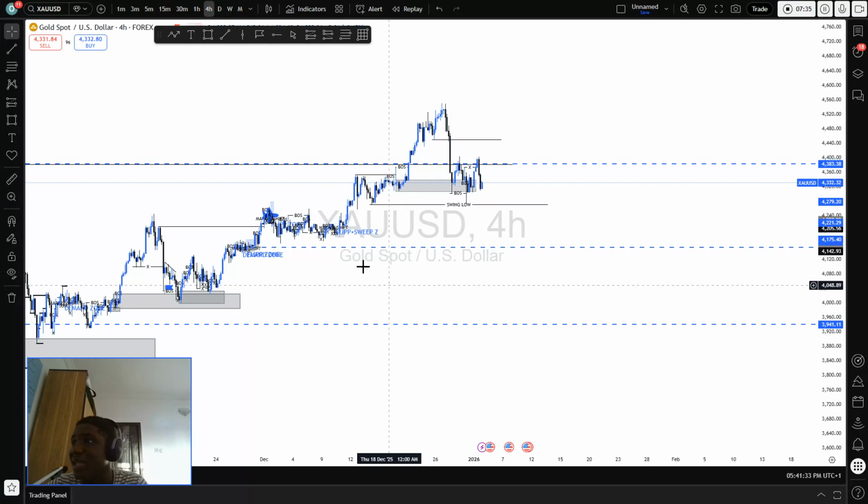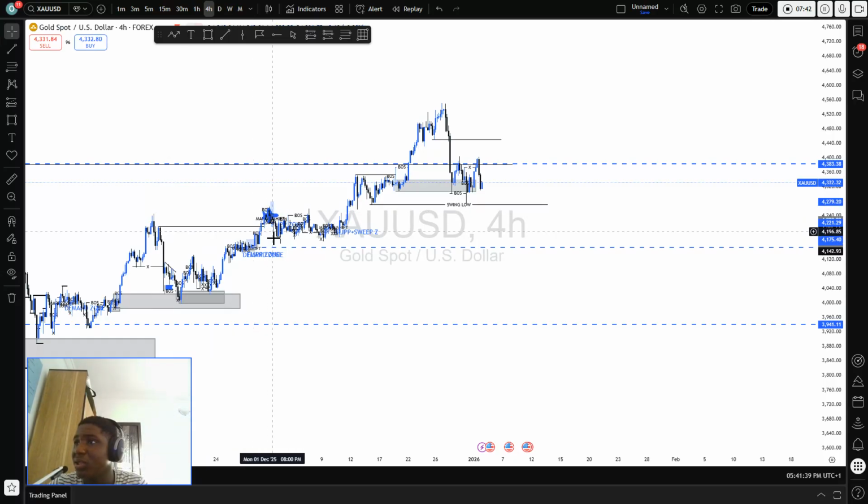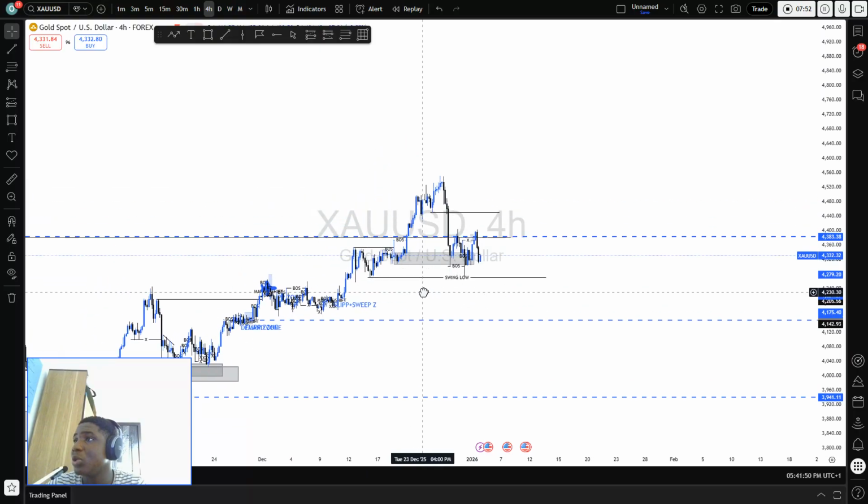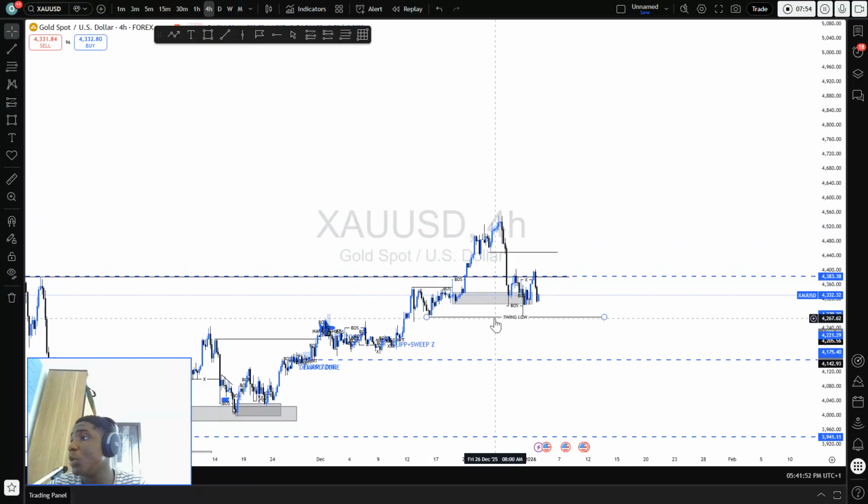Then if you look at the internal part of it, you can see a break of structure right here. Higher high, lower high, higher high, lower high, higher high, lower high, higher high. Price has come down. So this is basically the swing we're playing in right now.